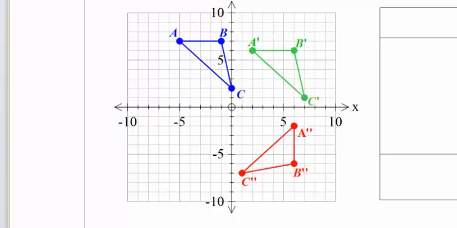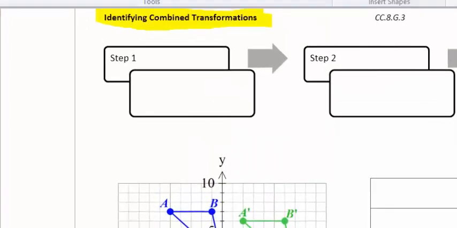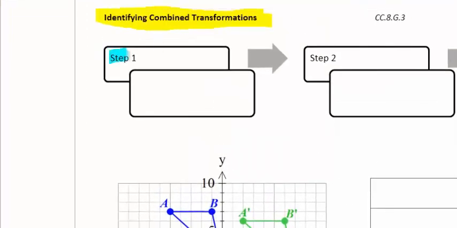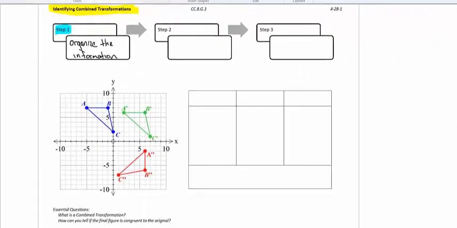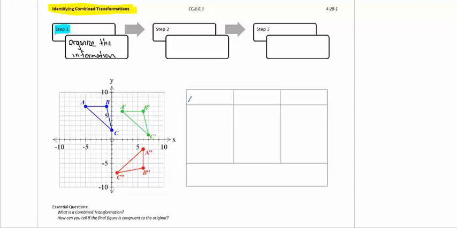And our first step, or step one in the process, is to organize the information. In our table, I'm going to list what we have as triangle ABC.